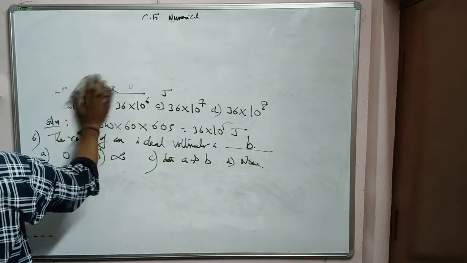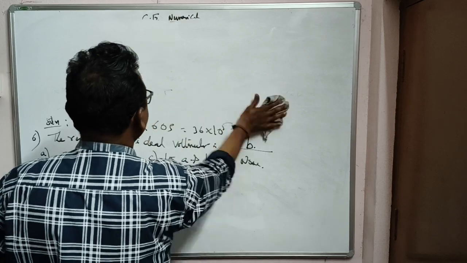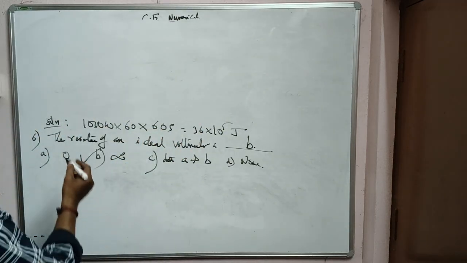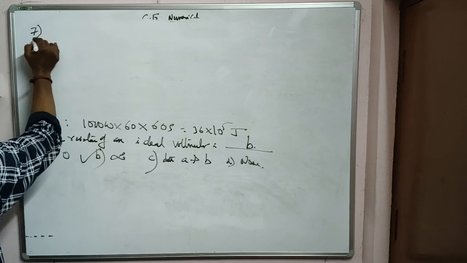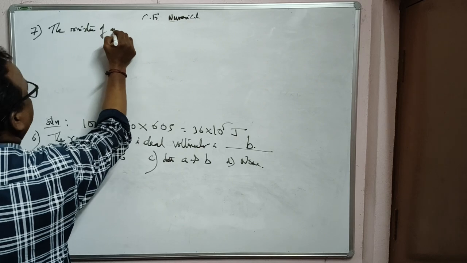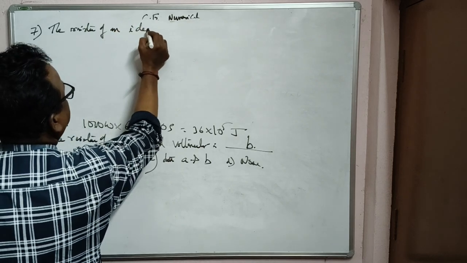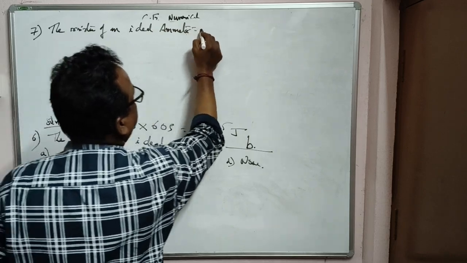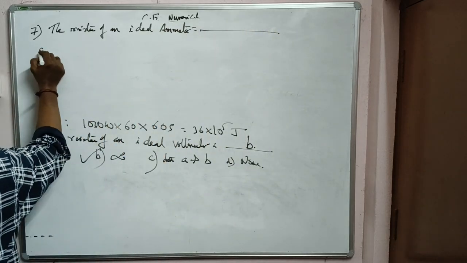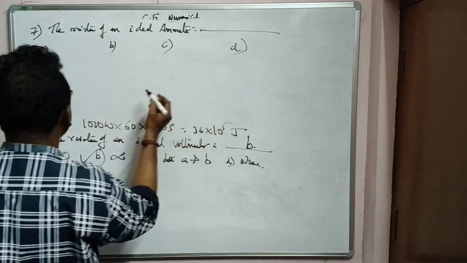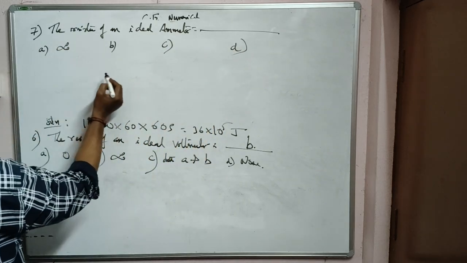Seventh question, please. These all are very, very important. The resistance of an ideal ammeter is dash. A, infinity.